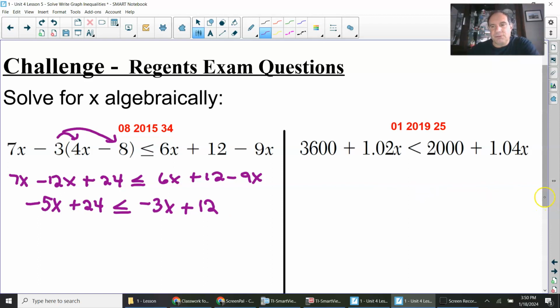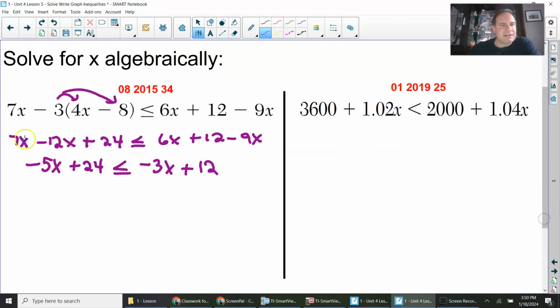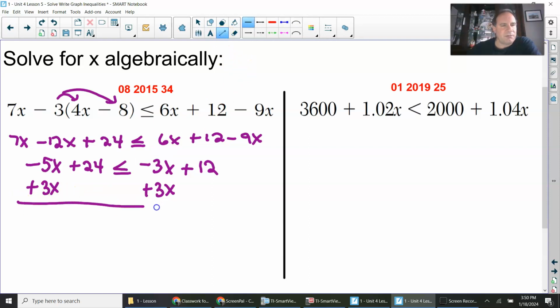So if you do, you're adding the 5x on both sides. I am going to, on purpose, do it the other way. I would add the 5x, but I'm going to add the 3x, just to make you understand that if I do bring the smaller over to the larger, that means I am going to operate in the negative.